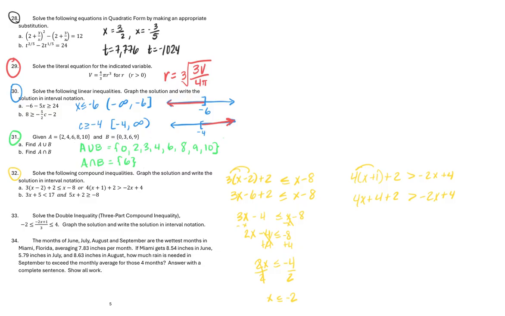Then we're going to have 4x plus 6 is greater than negative 2x plus 4. I'm going to add this 2x over, and we're going to have 6x plus 6 is greater than 4. I'm going to minus this 6 over, and I'm going to get 6x greater than negative 2.